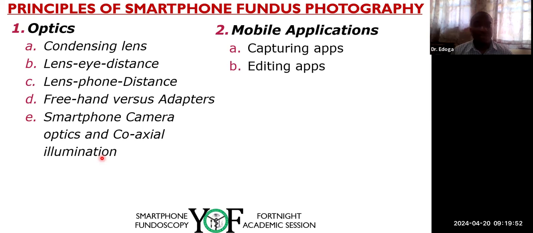Then for the smartphone optics, this is where the smartphone type comes in. Some have used Samsung, some have used other phones like Tecno, Huawei, iPhone, but iPhone seems to be one of the best. If you want to use this as a tool in your clinic or in your practice to image the retina, I would advise getting an iPhone.